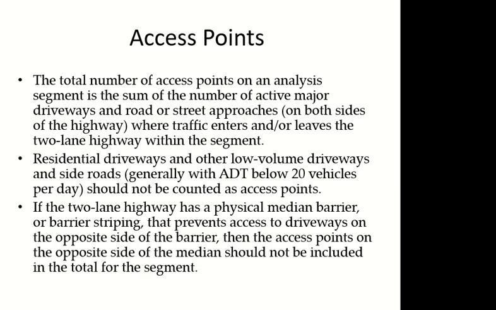You never know, the driver can enter, and because there's no median, he can still cross. So if there is a median, you count the access points only for one side. If there is no median, then you count the total, right plus left.